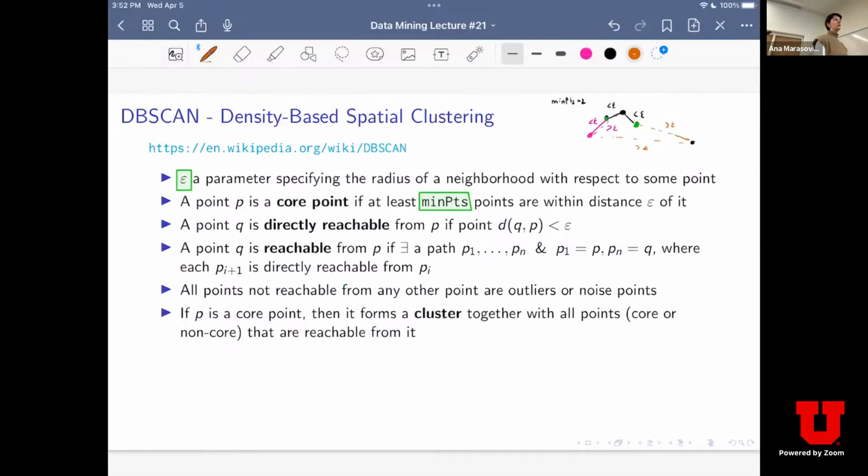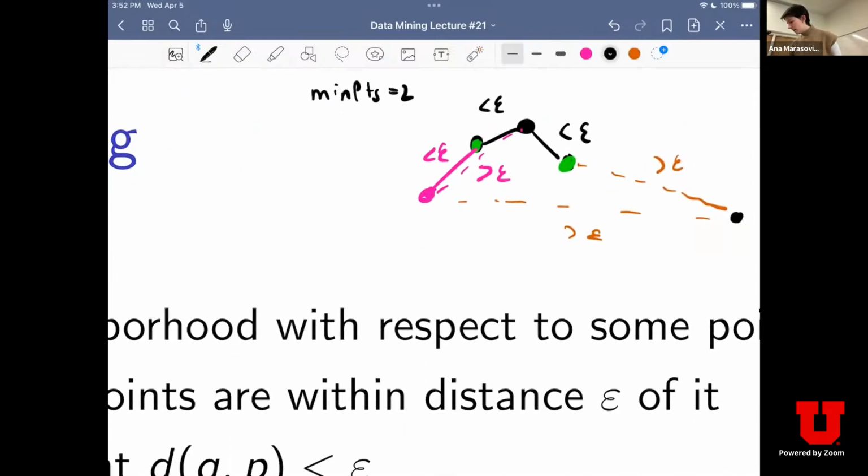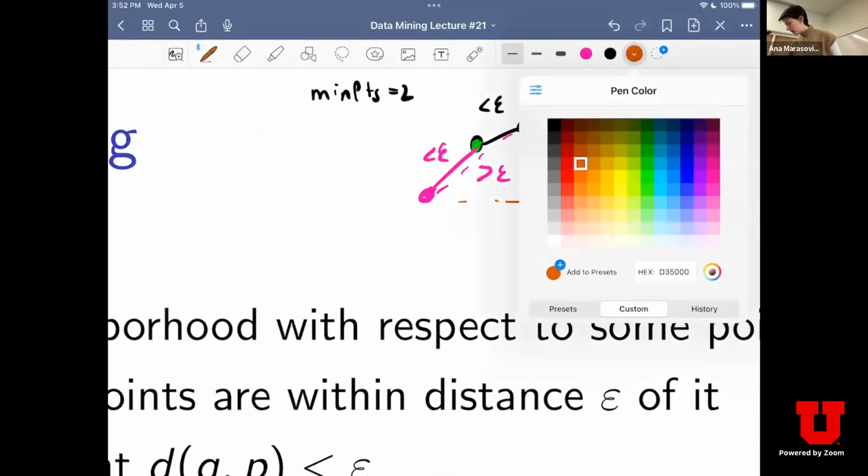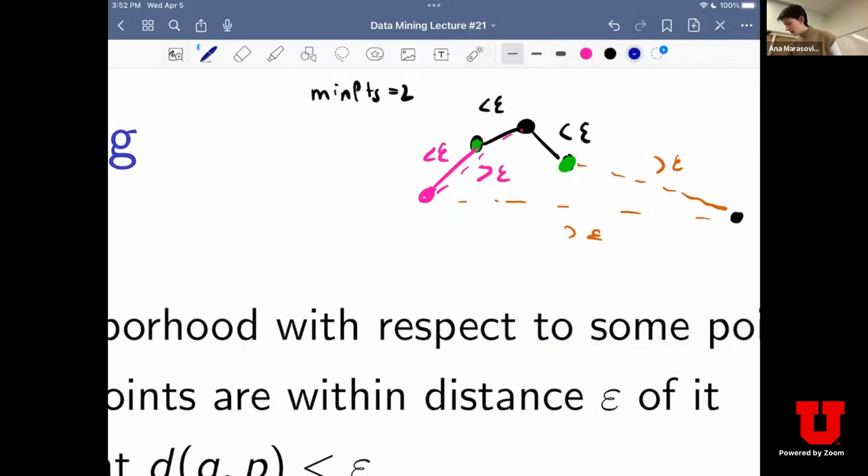So already from the algorithm itself, you get what the outliers are, but you can also combine it with clustering, such that you take your core points and form a cluster from each core point together with all points that are reachable from it. So here in this picture, this would become one cluster.